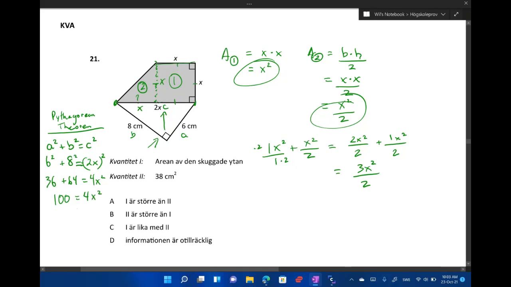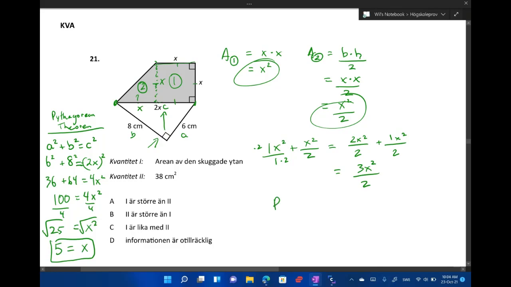If we divide both sides by 4, that means 25 is equal to x squared. The opposite of squaring something is taking the square root. So the square root of 25 is 5. The square root of x squared is x. So we know the value of x now is 5.